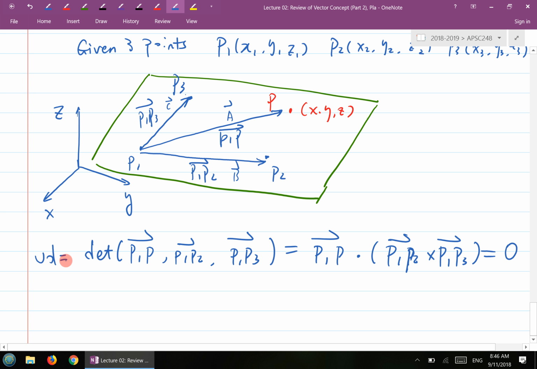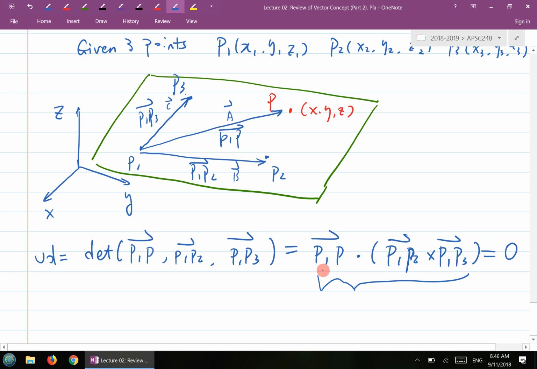Good. Now you look at this, you actually almost have an equation now. Because if you look at the second one here, what's given? P1, P2, P3 are given, which means you'll have P1P2 and also P1P3, and then you can calculate the cross product. Basically, you'll end up with some kind of vector from here. And then P1 is given.